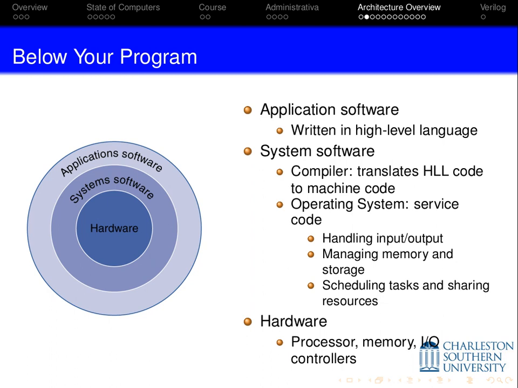The OS kind of has two levels, which we'll get to, and then it executes through to your hardware. This is important because when you do something through an application, it goes application, system software, hardware, then comes back from the hardware through your system software and to your application. So there's down and back up.